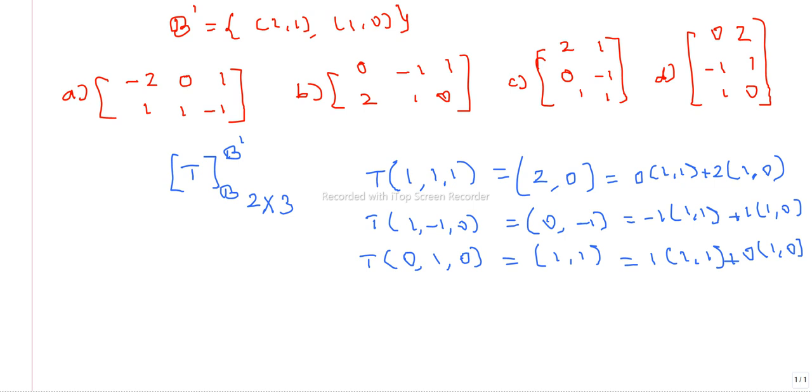Therefore the matrix should be rows (0, -1, 1) and (2, 1, 0), a 2 by 3 matrix. Therefore option B is correct.